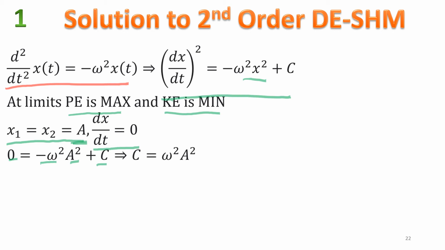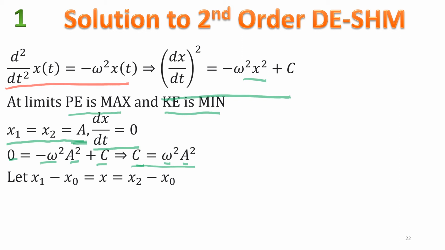So here we can find out the constant of integration, that is omega square a square. So with this aid, we have identified the unknown constant of integration in terms of known quantities, and the known quantities are omega and a, and the constant is omega square a square.